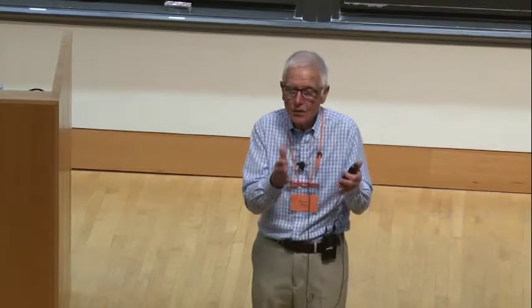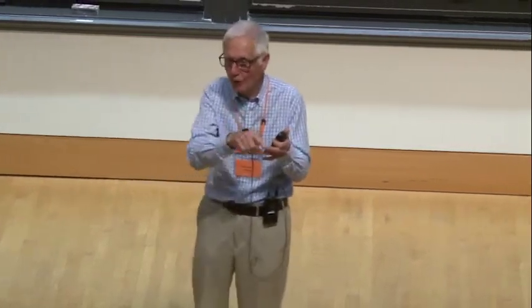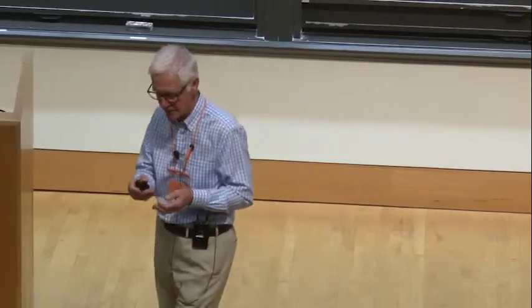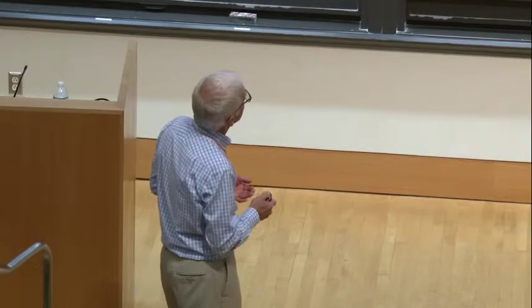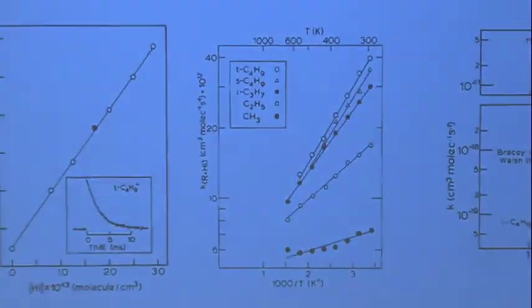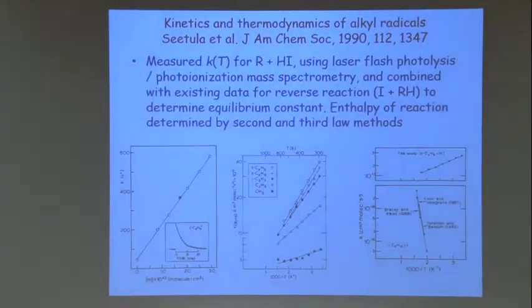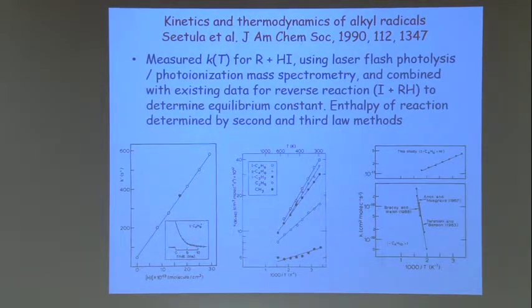And so we have a complex form before the inner transition state, and that can give rise to this negative temperature dependence. So there's the forward rate constant. You can combine that with the reverse rate constant, and that gives you an equilibrium constant. Okay? And then you can determine the enthalpy of reaction by what are called second and third law methods.